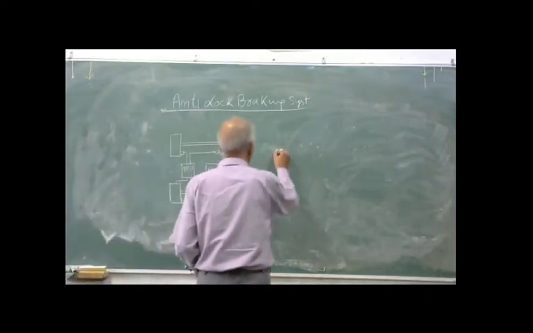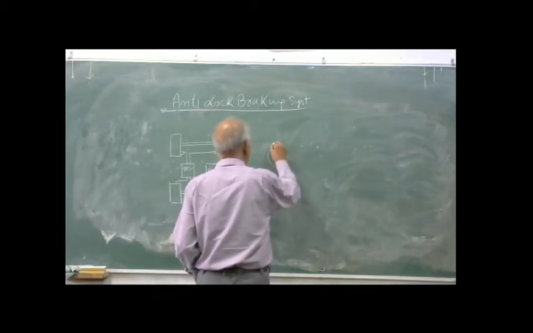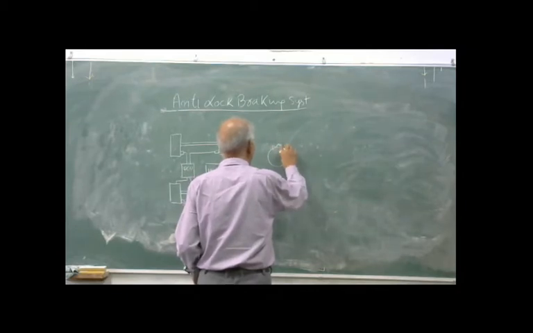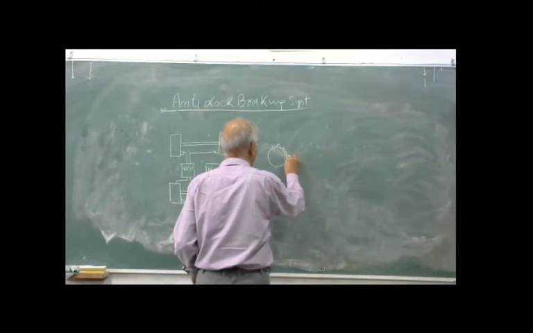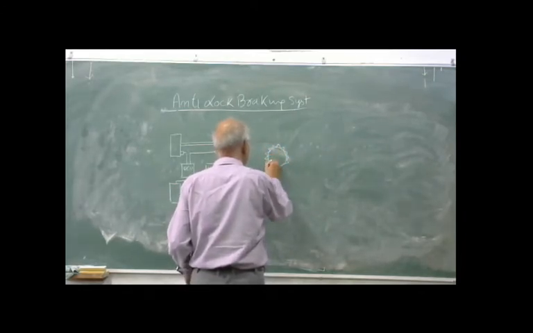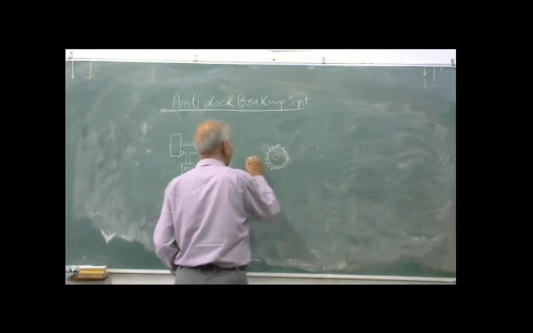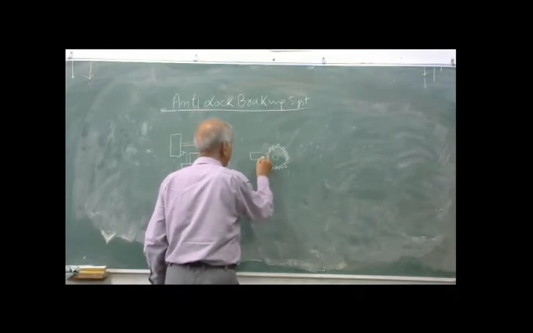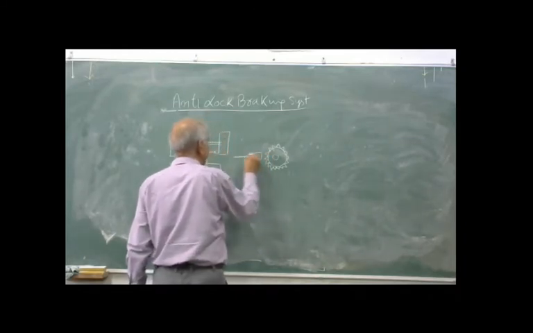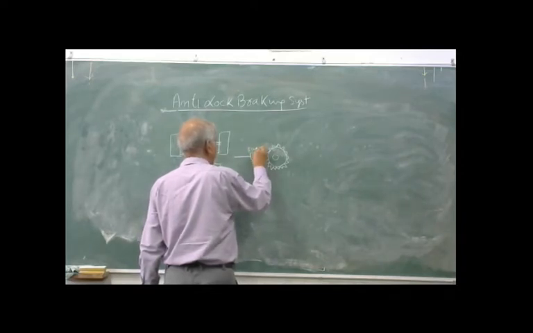So what is there in the sensor? We have one toothed gear. What exactly is the sensor? We have teeth here, and this is a magnetic system, an electromagnet.